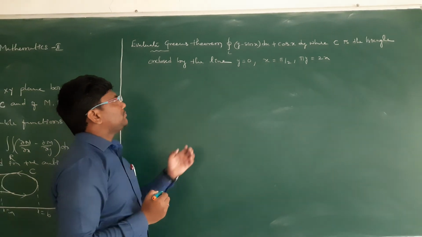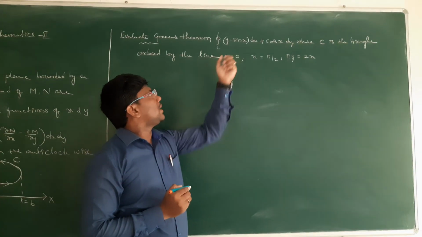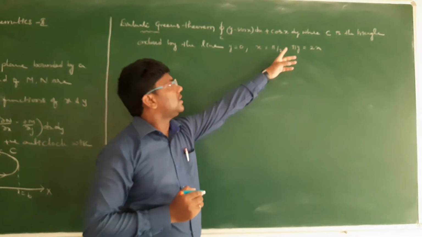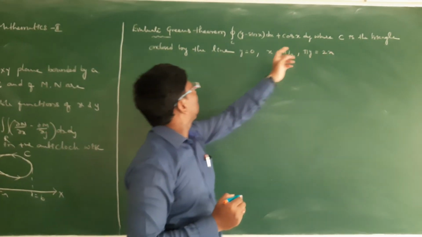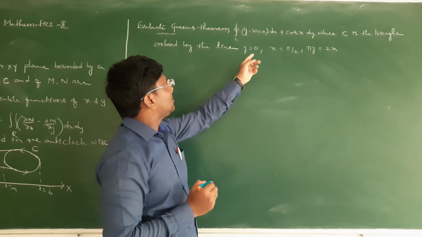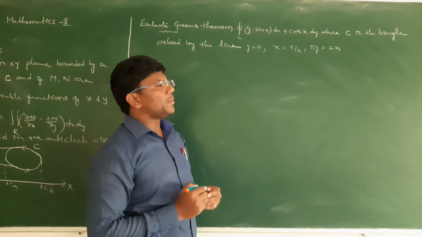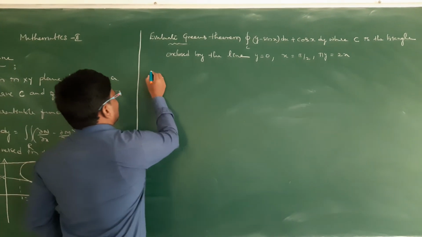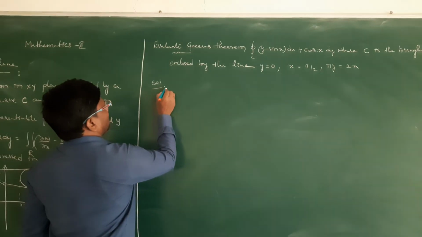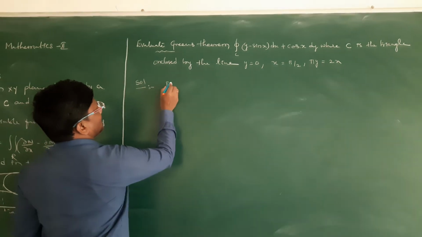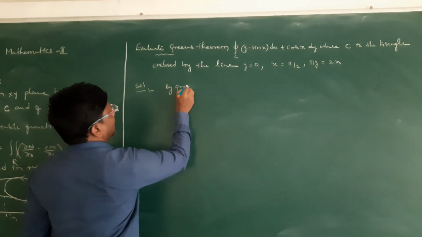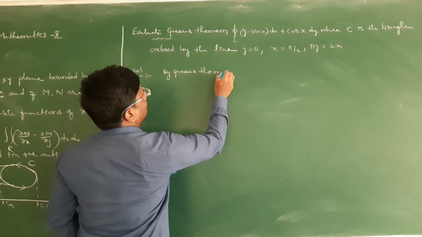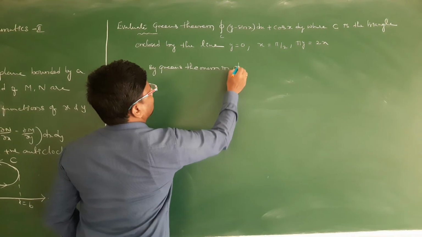Evaluate, using Green's theorem, the integral over C of (y minus sin x) dx plus cos x dy, where C is the triangle enclosed by the lines y equals 0, x equals pi by 2, and pi y equals 2x. The solution is by Green's theorem in plane.